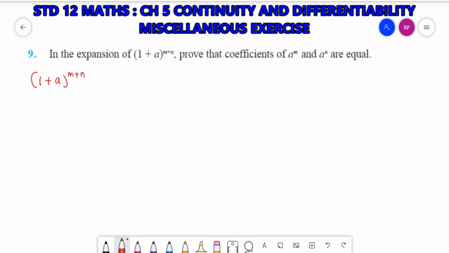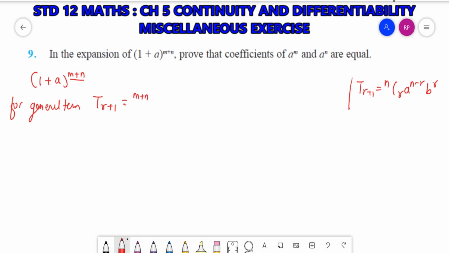Let's write down first the formula for the general term. The formula was T(r+1) = nCr a^(n-r) b^r. So we'll use this formula. What is n here? m + n.